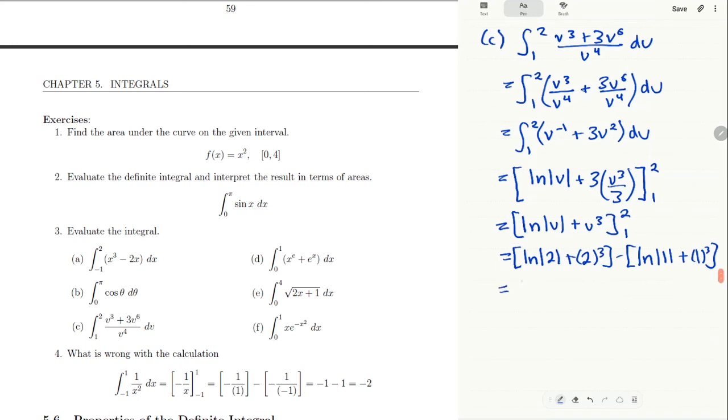Since 2 and 1 are both positive, we can drop the absolute values. So that's natural log of 2 plus 8, minus the natural log of 1, which is 0, plus 1. So this will simplify to the ln of 2 plus 7.